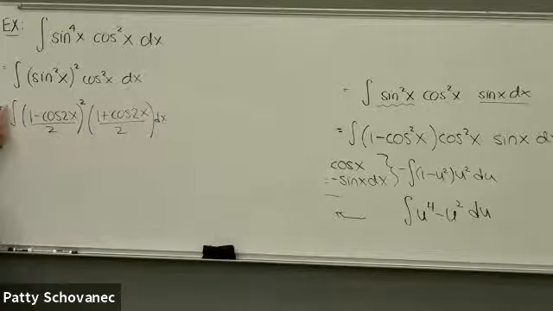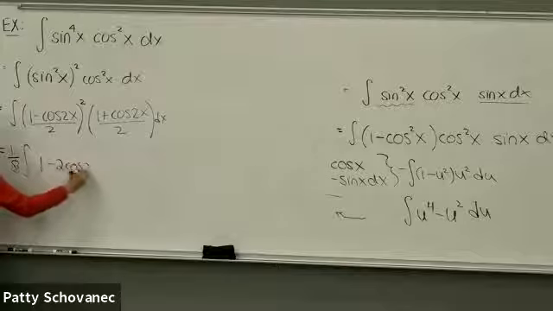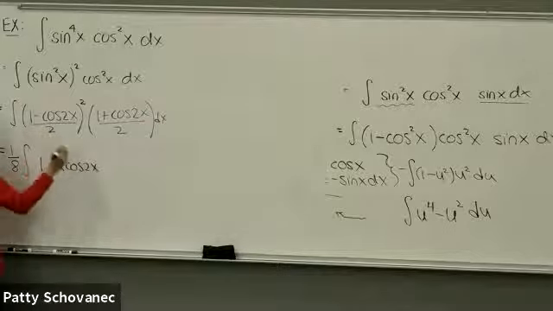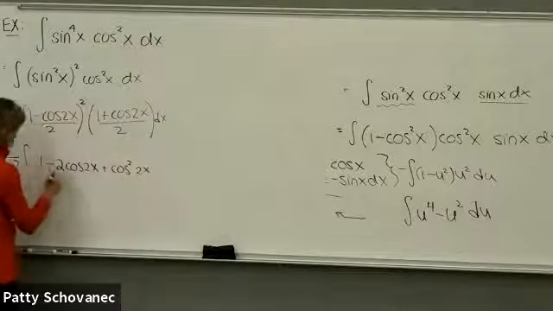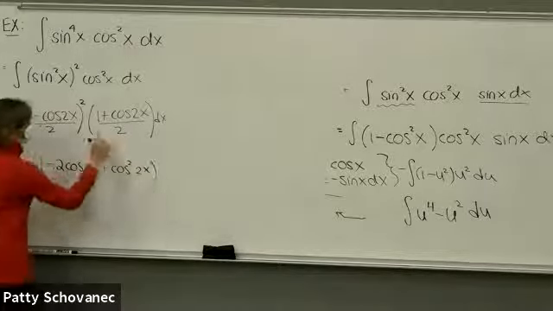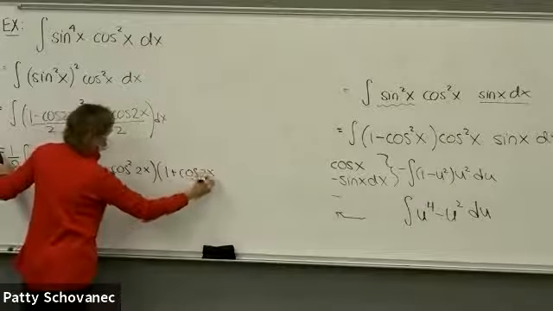So I'm going to put a 1/8 out front, and then I'm going to square this guy. 1 minus the cosine 2x all squared gives me 3 terms: 1 minus 2 cosine of 2x, and then plus the cosine squared of 2x. Then I'll have to multiply that through by 1 plus the cosine of 2x.